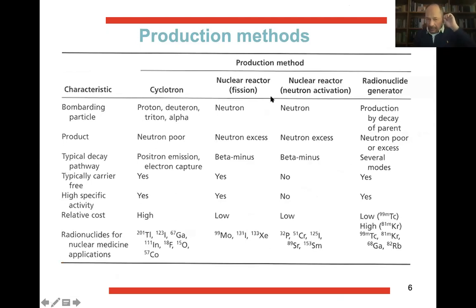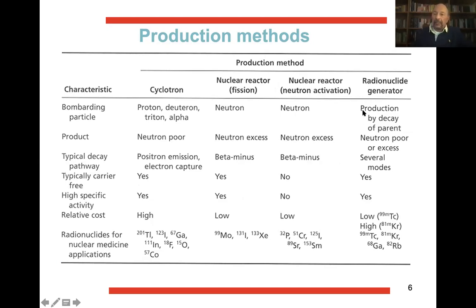Let's start with the production methods. Production methods are, you see, very different ways. You can have cyclotrons, so accelerators. You can use a nuclear reactor, either using fission or using neutron activation, or you can use what is called a radionuclide generator, where essentially it's a natural way to produce it because you use the decay of the parent.